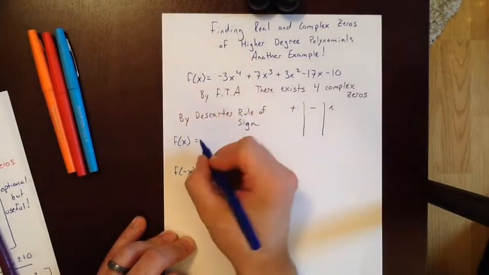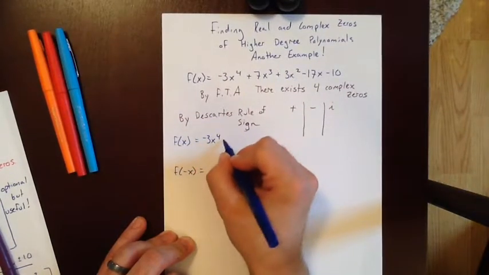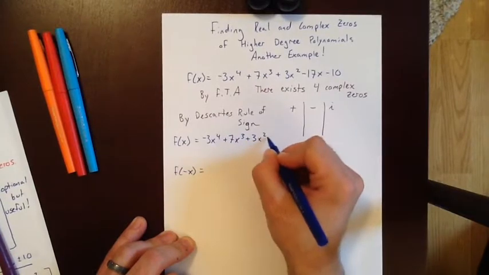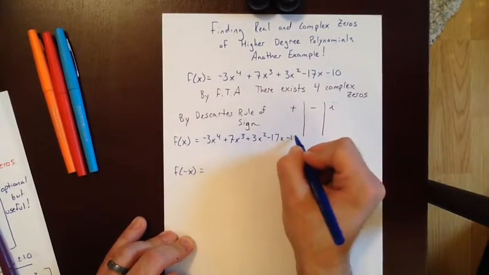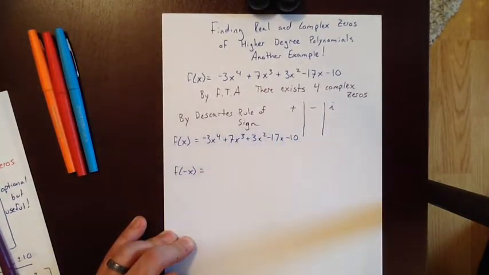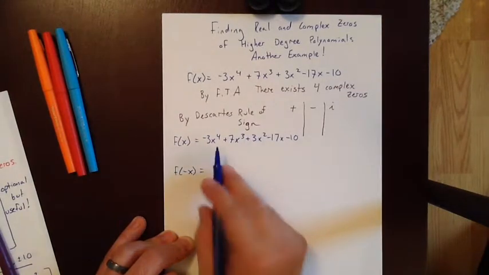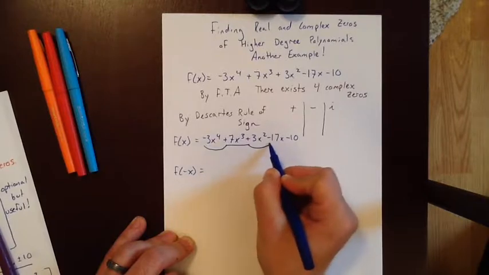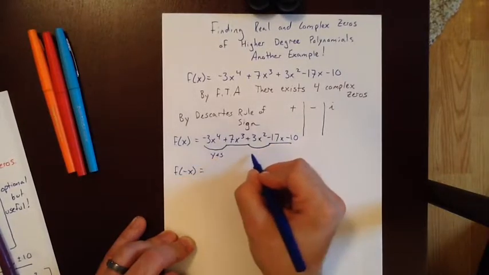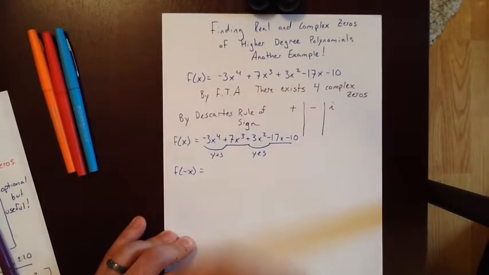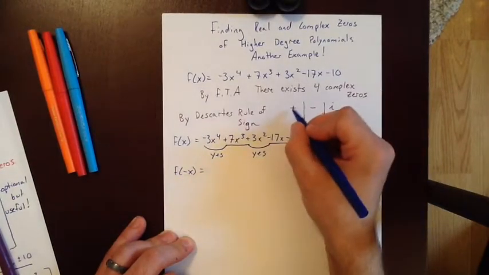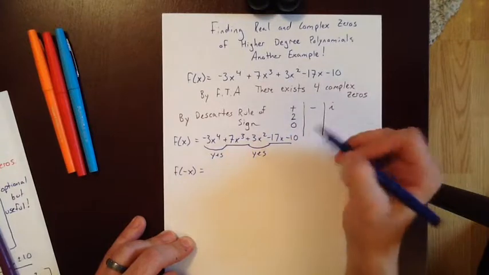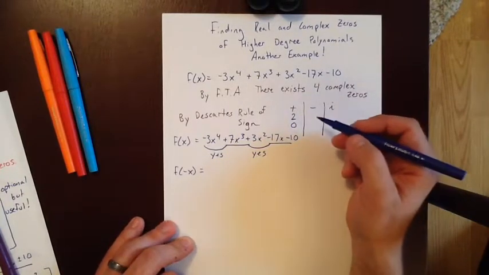So our original function, negative 3x to the power of 4 plus 7x cubed plus 3x squared minus 17x minus 10. And we are concerned about sign changes. So we have a sign change, yes, no, yes, no. So 2 sign changes tells us that we have a possible 2 positive zeros or 0 positive zeros.